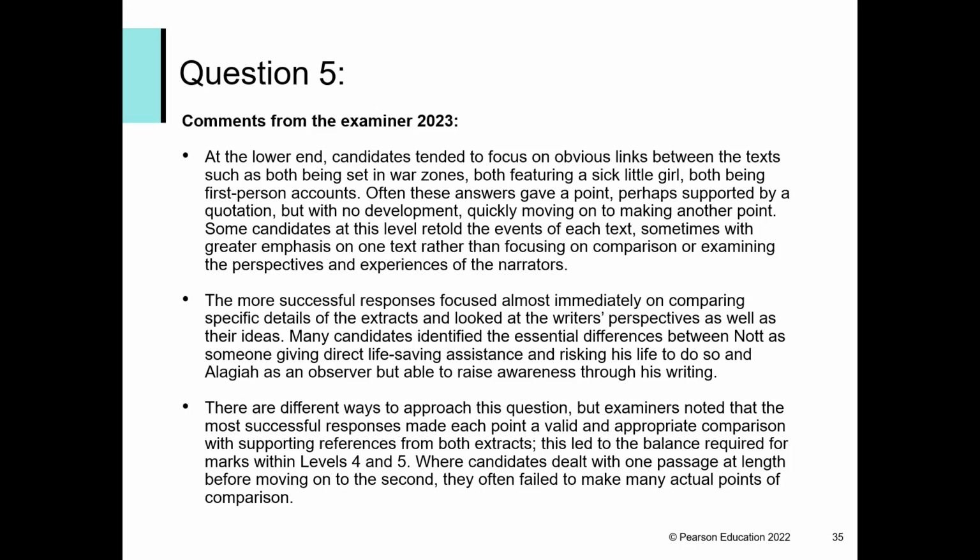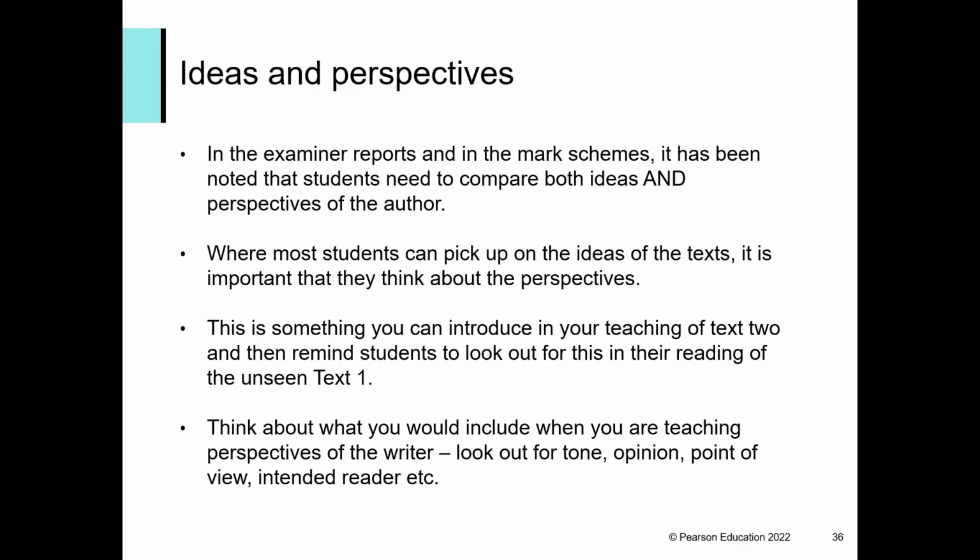There are different ways to approach this question, but examiners noted that the most successful responses made each point a valid and appropriate comparison with supporting references from both extracts. This led to the balance required for marks within levels 4 and 5. Where candidates dealt with one passage at length before moving on to the second, they often failed to make many actual points of comparison.